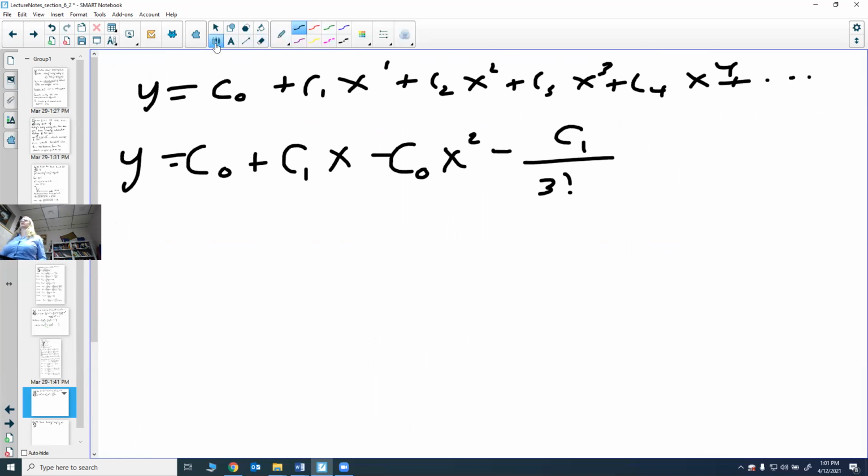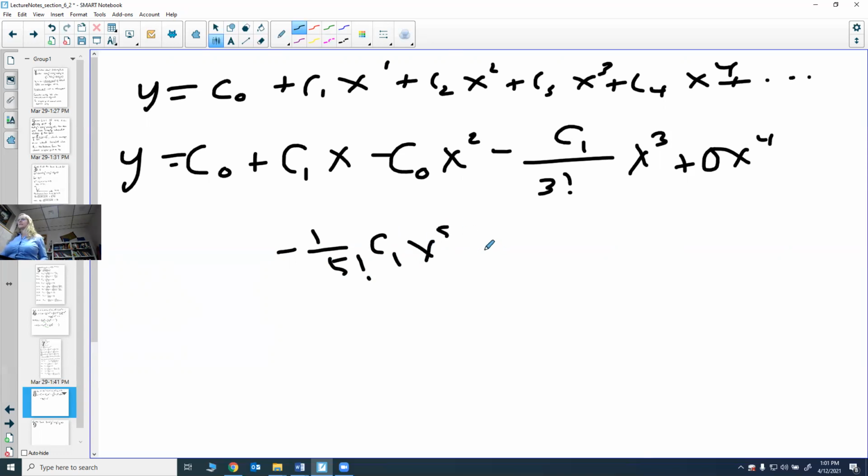That will be x cubed. C sub 4, we found out was 0. So that'd be 0 times x to the 4th. C sub 5, we found out was negative 1 over 5 factorial, C sub 1, x to the 5th.